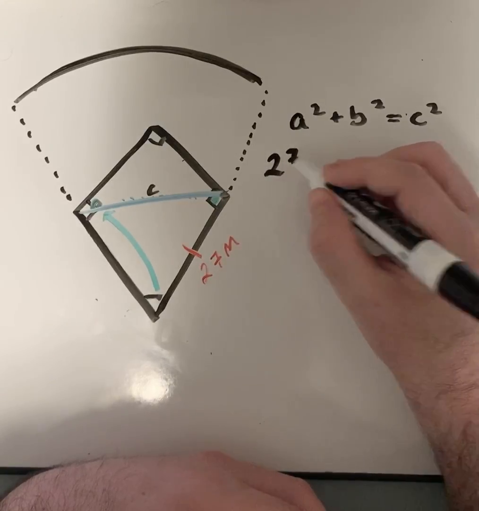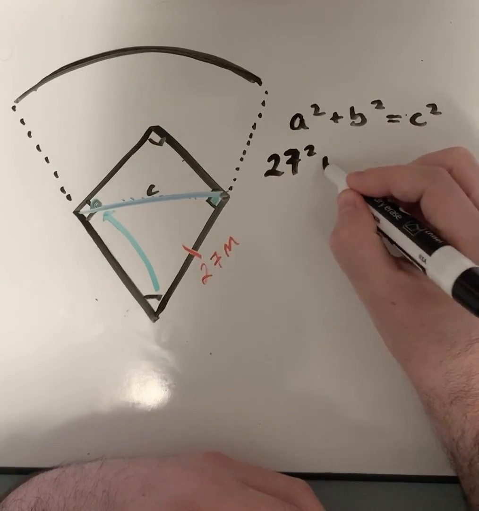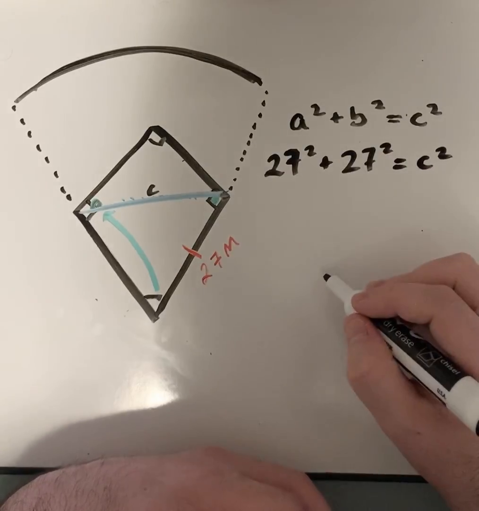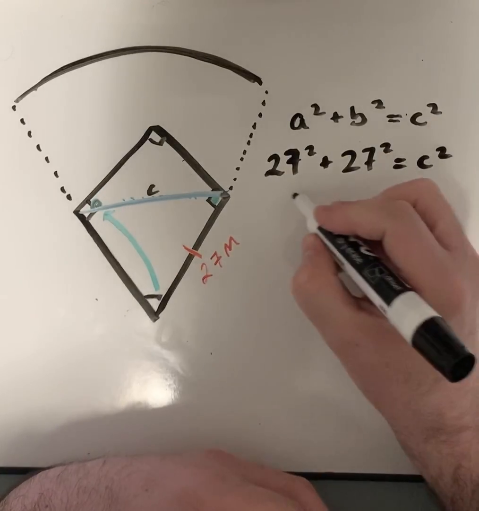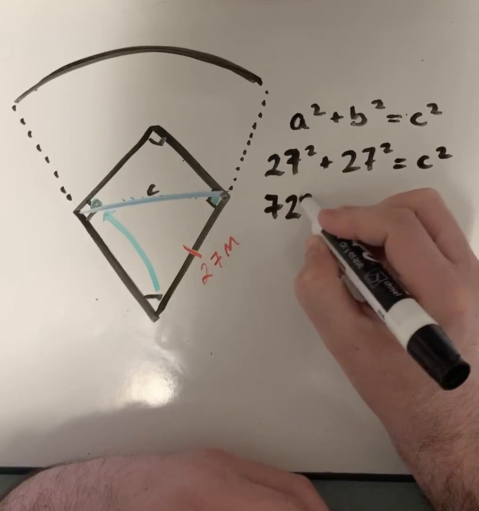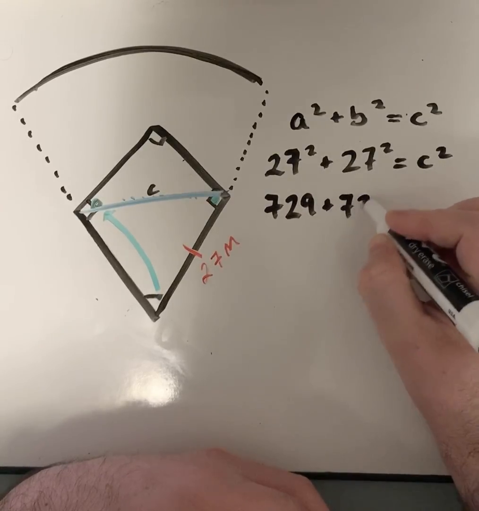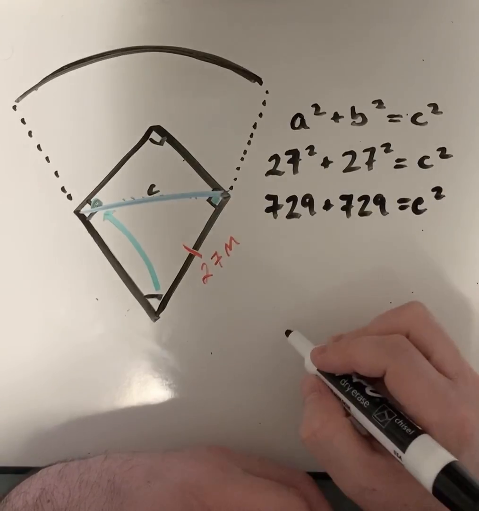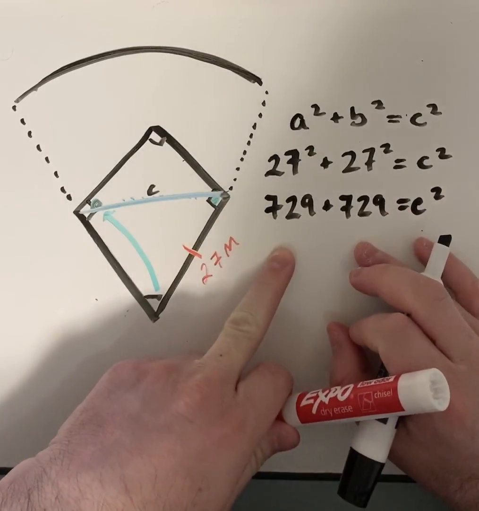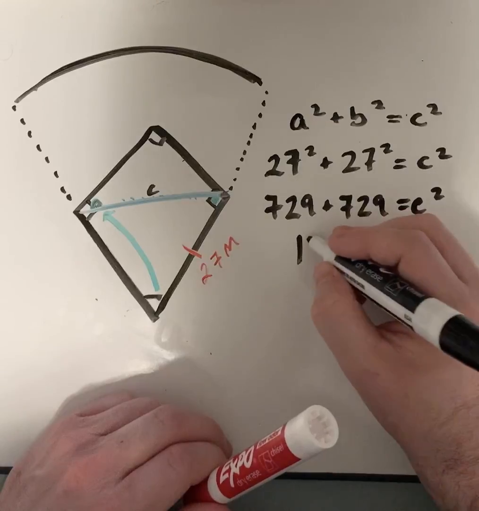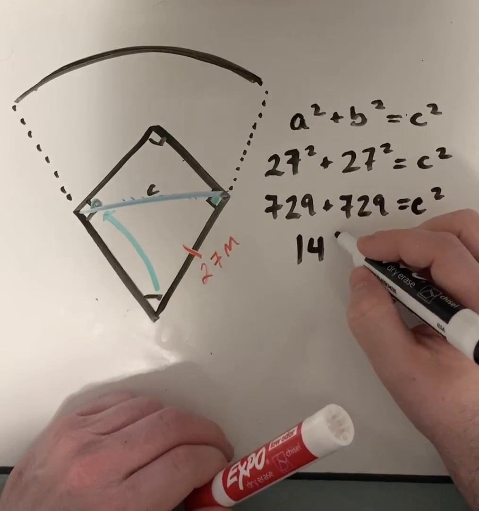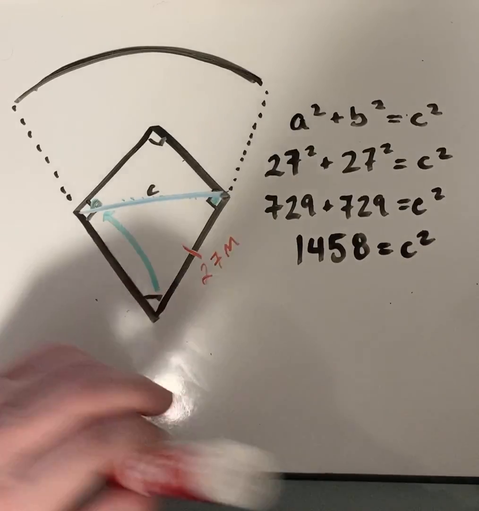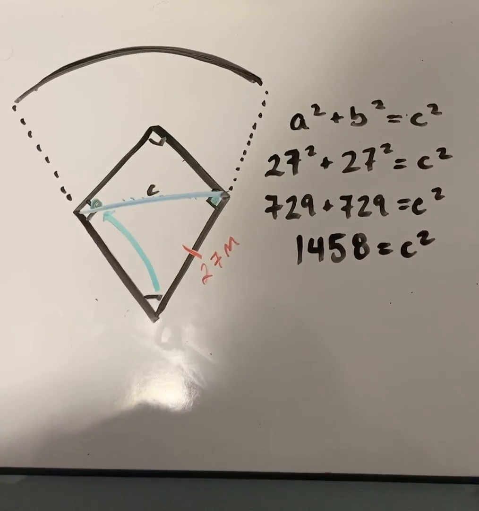So 27 squared plus 27 squared equals c squared. 27 times 27 is 729, plus 729 equals c squared. We're going to add these two numbers together, and we get 1458 equals c squared. And now we're done.